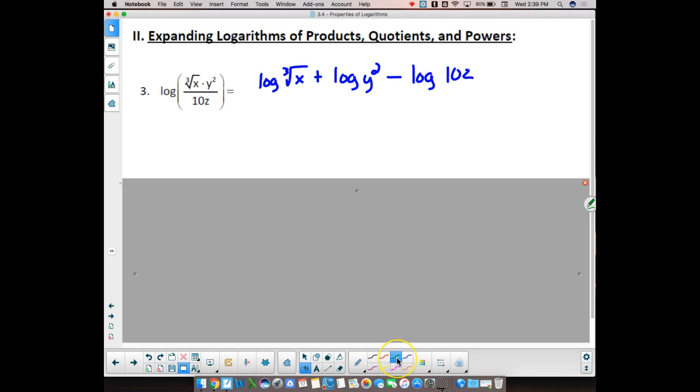So this one would become 1/3 log of x. This one would become 2 log of y, and then this would become log of 10 plus log of z, because it's a product.